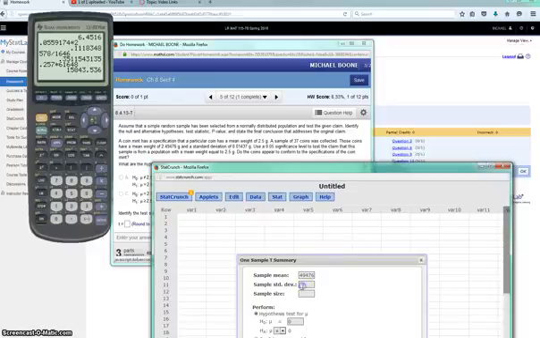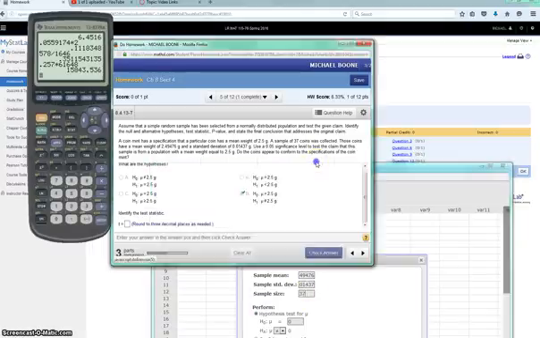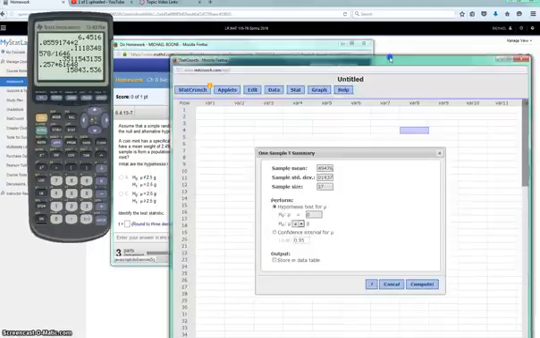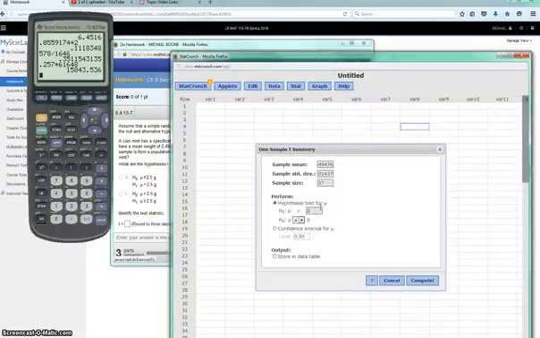Sample standard deviation is 0.01437, and the sample size is 37. The believed mean is the 2.5, the alternative is that it's not equal to.